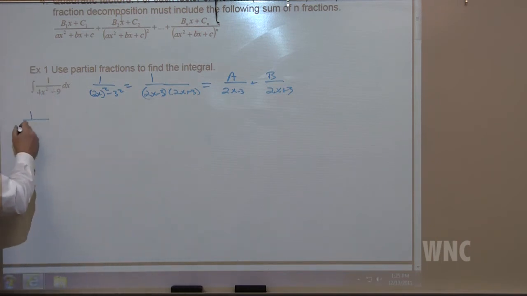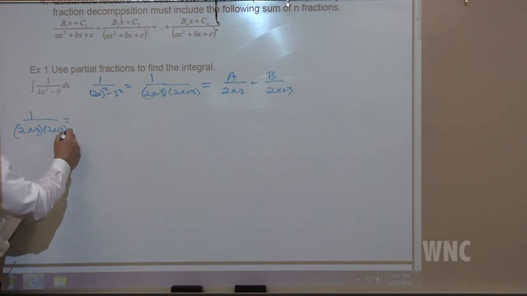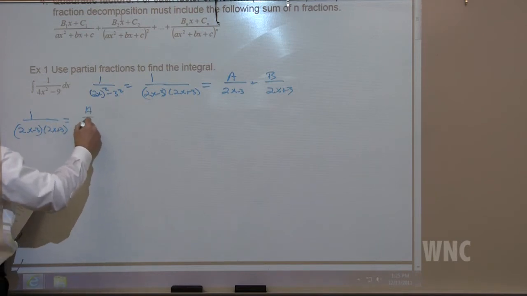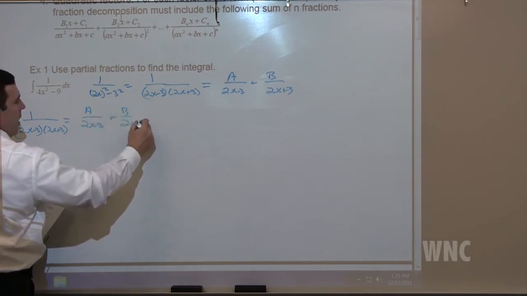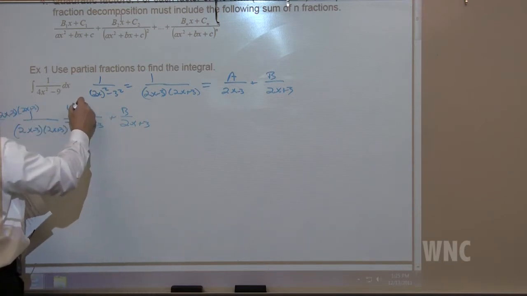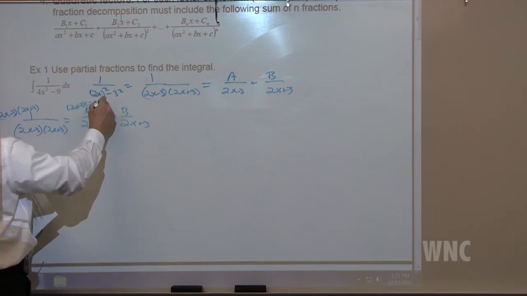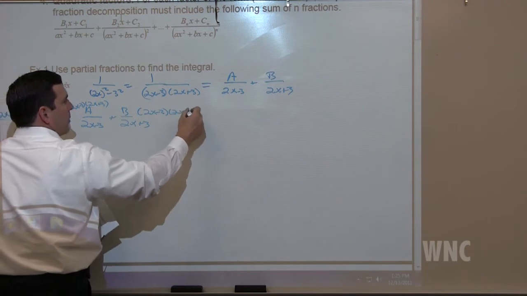So 1 over (2x minus 3) times (2x plus 3) equals A over 2x minus 3 plus B over 2x plus 3, just as I've defined. But now I'm going to clear the fractions. Multiply by (2x minus 3) times (2x plus 3).